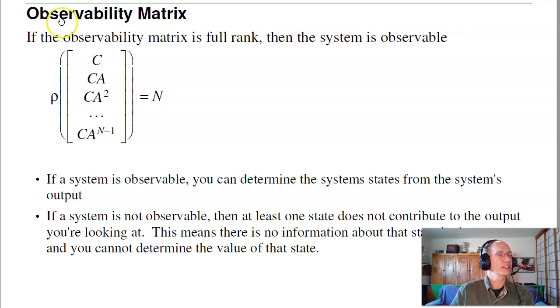It's the C matrix followed by CA, CA squared, and so on, stopping at CA to the n minus 1. If that matrix is full rank, if that rank is n, then the system's observable, meaning from that output, I can determine what all the states are just by using the output and its derivatives. If a system is not observable, that means at least one state does not contribute to the output.